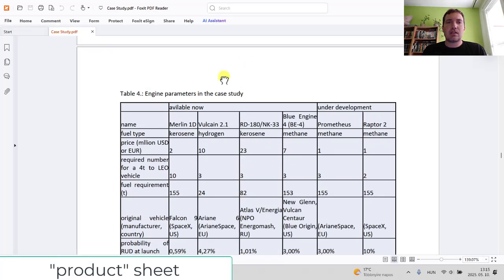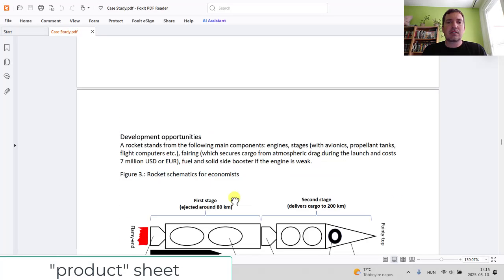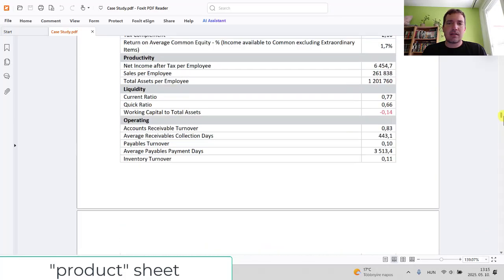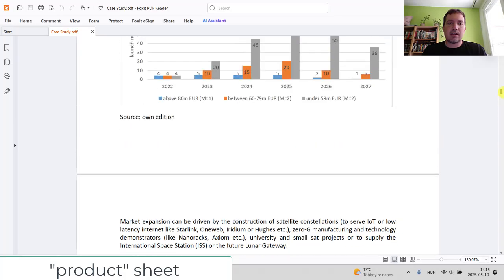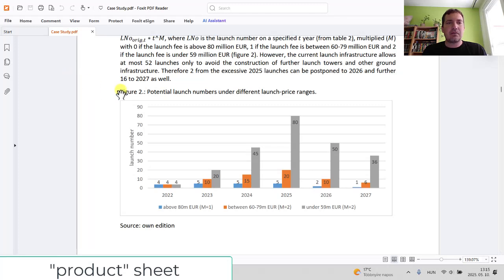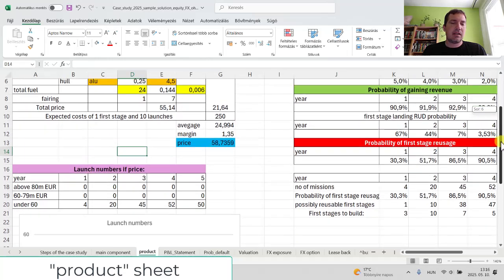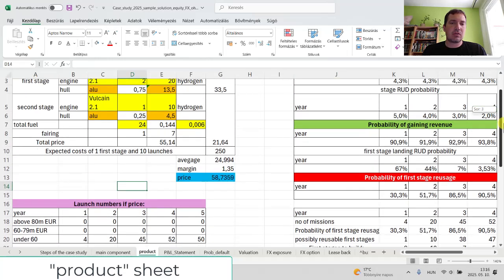So if we are scrolling upwards, in figure 2, it shows us how many launches we can have. So if we are in the different ranges, then we can set up how many launches we have.